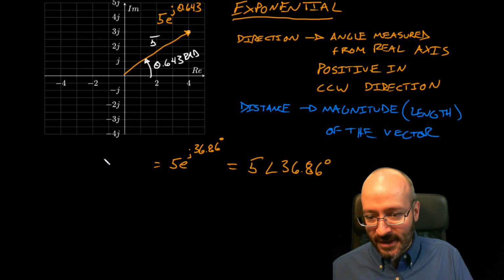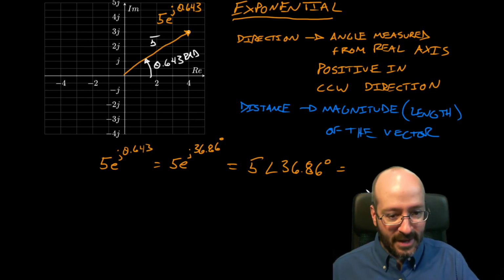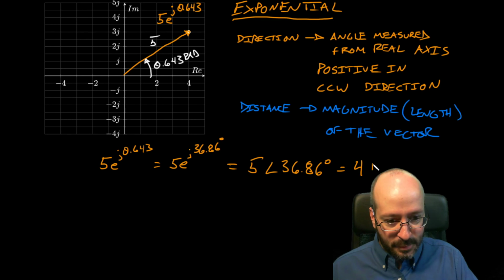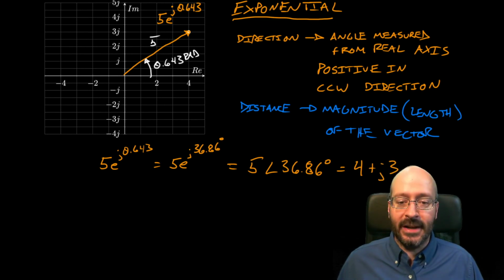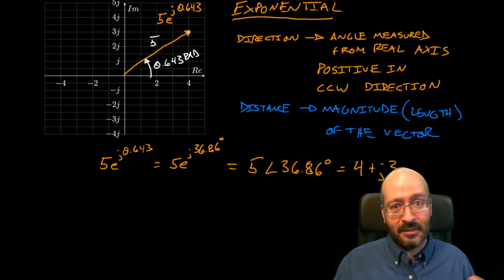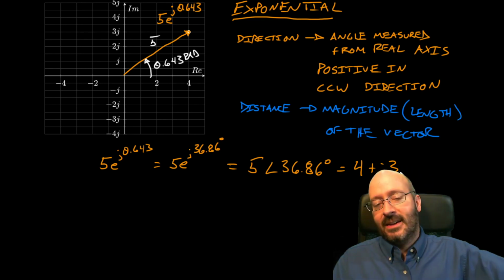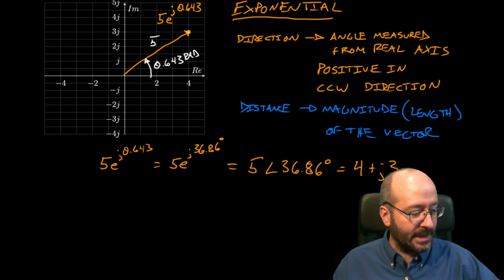It should be written as 5 e to the j 0.643. And then we have 4 plus j3. They all locate the same point on a two-dimensional plane. So they're all different ways of writing numbers. Don't you miss when it was just plus and minus, and those were our two options? Now we have all sorts of other ways we can locate a number on a two-dimensional plane.